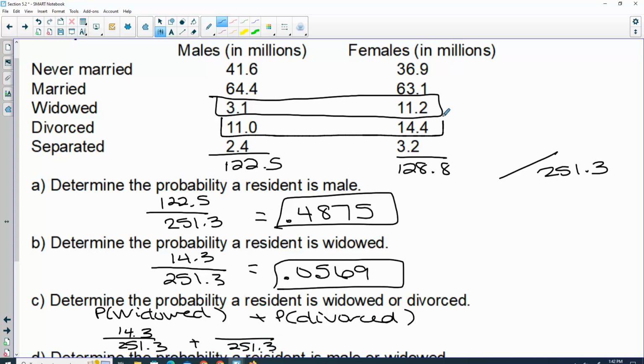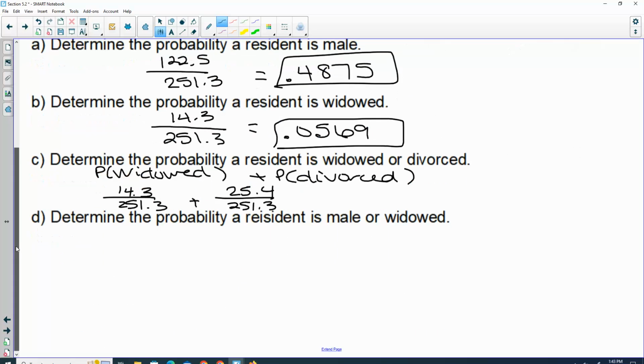So if I add my divorced people, we get 0.158.